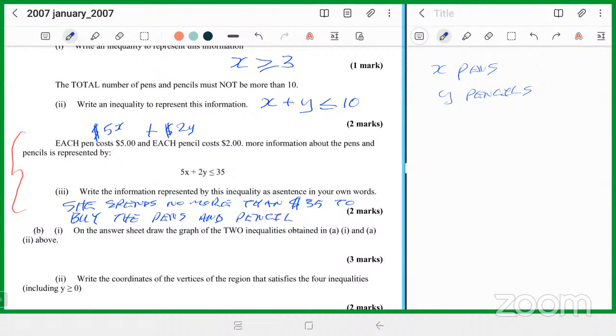That's a neat way to put it. But if you want to read out the inequality, and say the total that she spends must be less than or equal to $35, they will give the mark still.